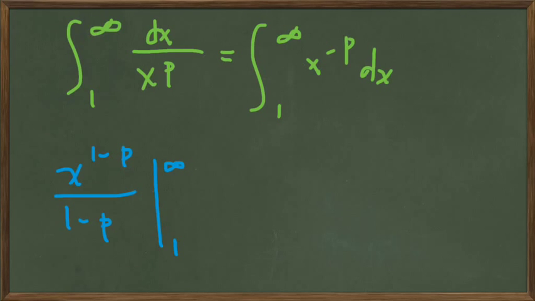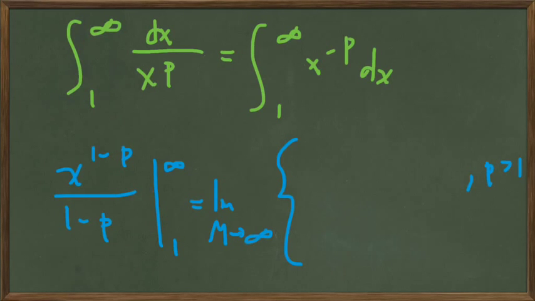And that is going to be the limit as m goes to infinity. Let's divide it into two cases. Case 1 will be when p is greater than 1. Then this exponent right here is a negative number.